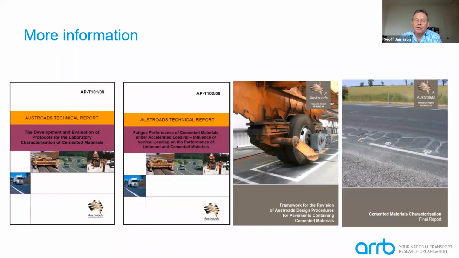If you'd like further details of the development of those processes, these are the reports that I refer you to. It's basically come from about 10 years of research that ARRB has done on behalf of Austroads from about 2008 to 2016, thereabouts.